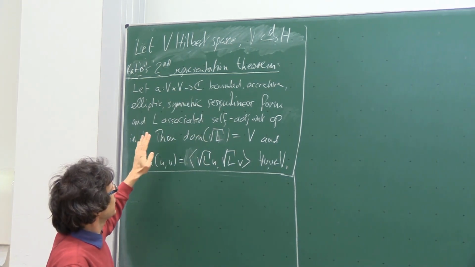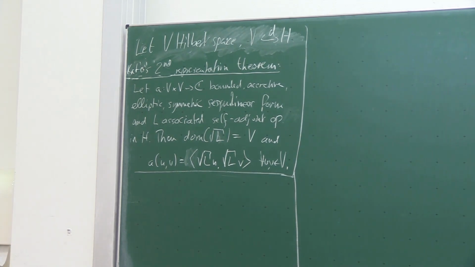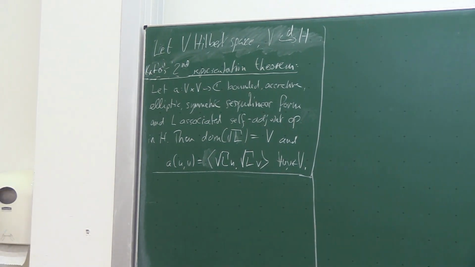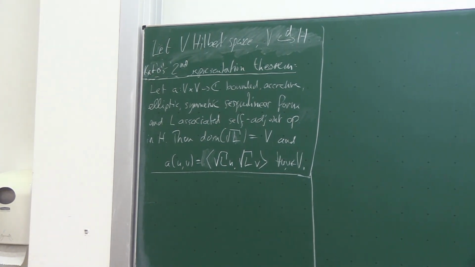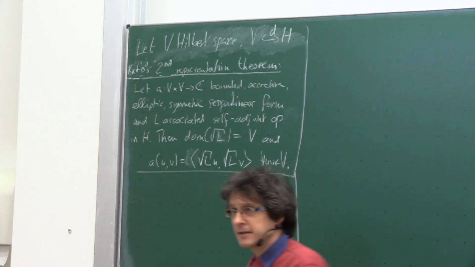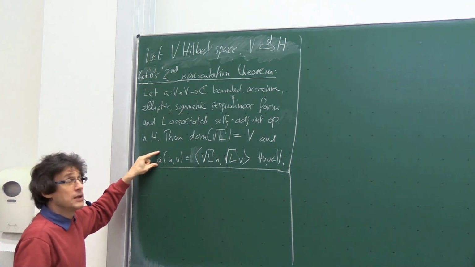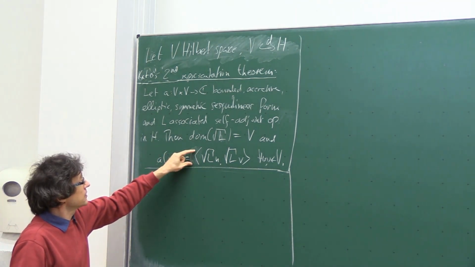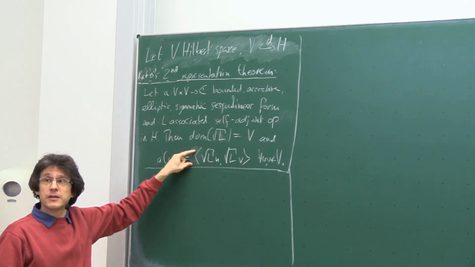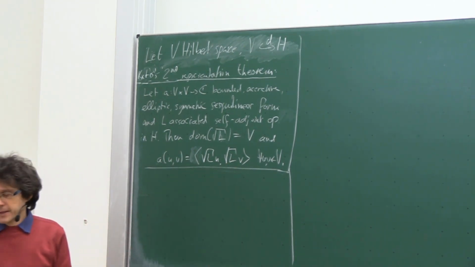If you have an operator that comes from such a form, the form and the square root of the operator, so the operator to the power 1/2, are very intimately linked. And this square root represents the form in the sense that you can rewrite the form by using the square root and the scalar product in H. So this is the scalar product in H here.